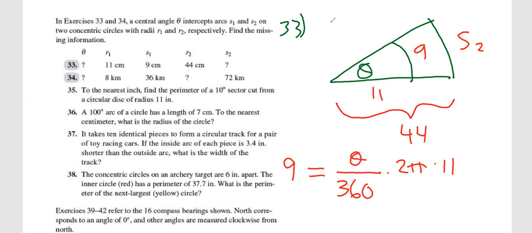Any way that we could reduce on the right side before we do anything else? Oh yeah, 2 goes into 360. How many times? 180. So now we have 9 equals theta times 11 over 180. Now what?